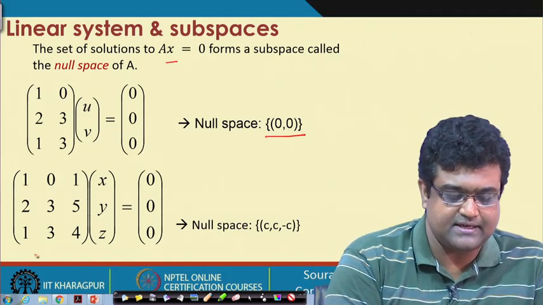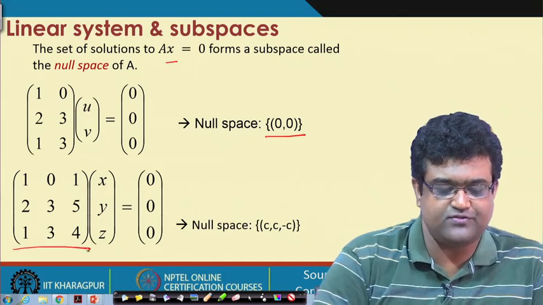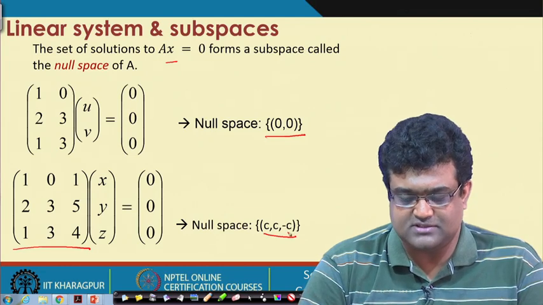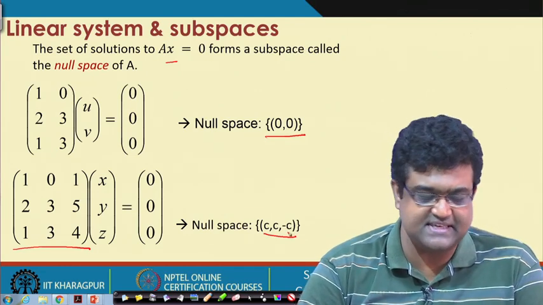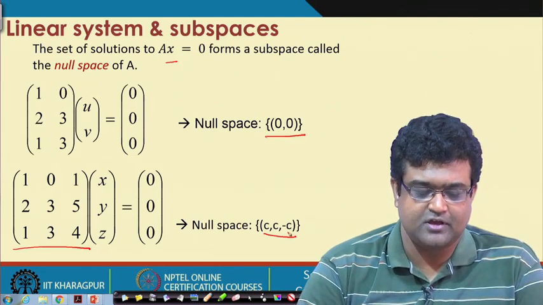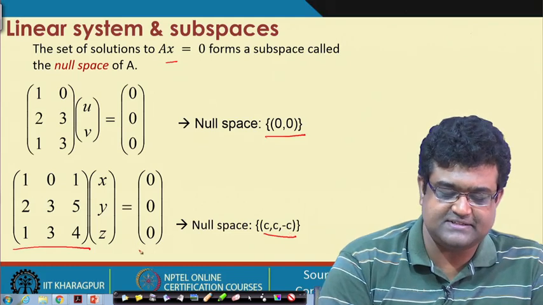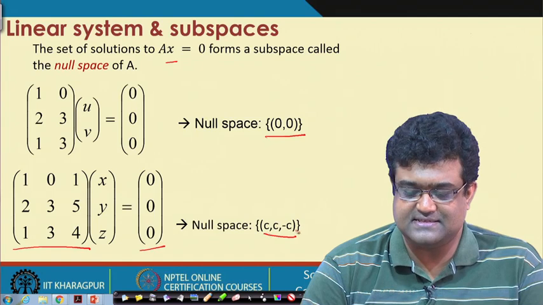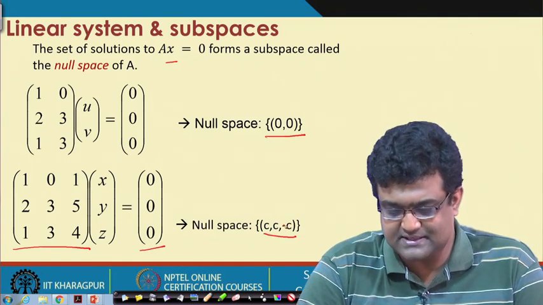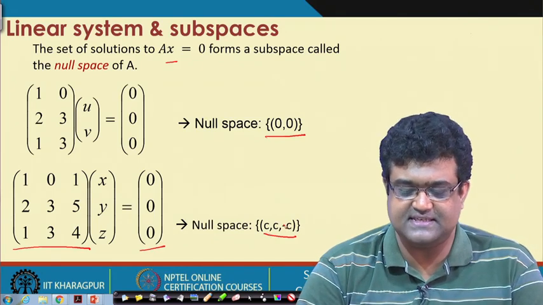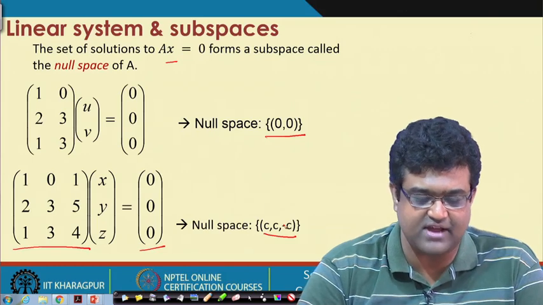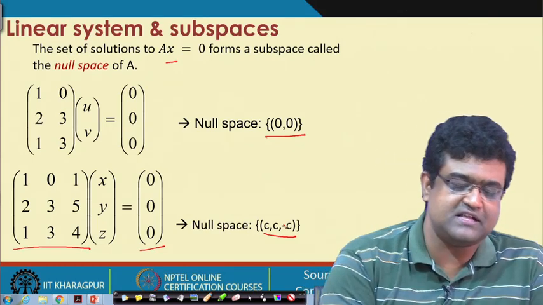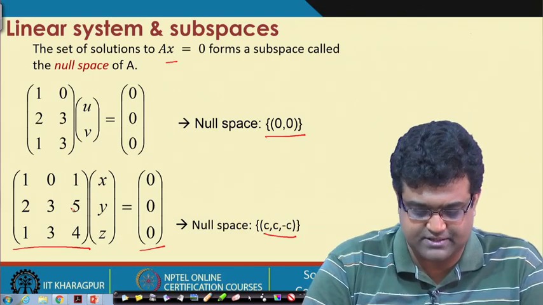You can check that for this coefficient matrix, all vectors of the form C, C and minus C will generate the 0 vector. Hence, this set of all vectors of this form, where C can be any number, constitutes the null space of this particular matrix.